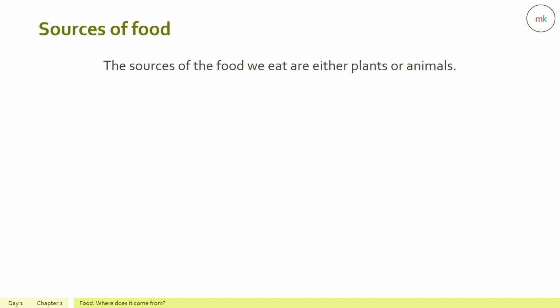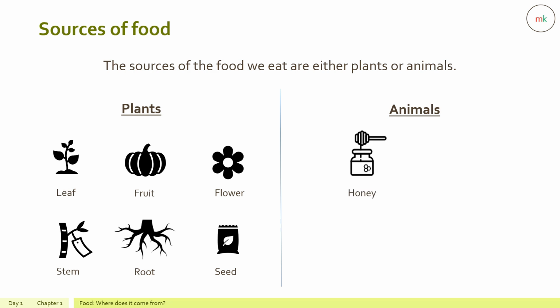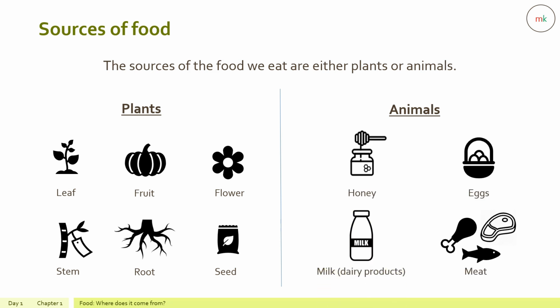The sources of food we eat are either plants or animals. The parts of plants that we eat are leaf, fruit, flower, stem, root and seed, whereas from animals we obtain honey, eggs, dairy products and meat.